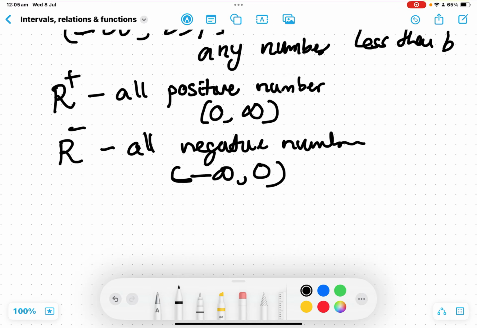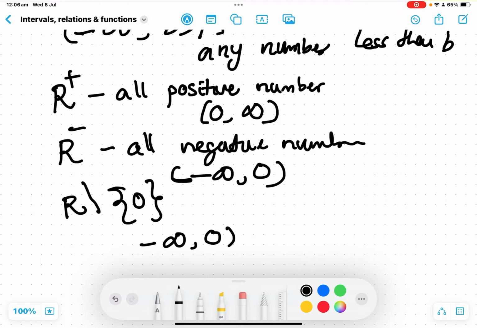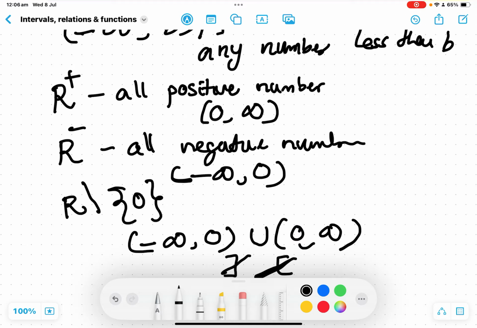Another one is all the real numbers but 0. This is the union of negative infinity to 0 union 0 to positive infinity. Since 0 is not included, we use round brackets.